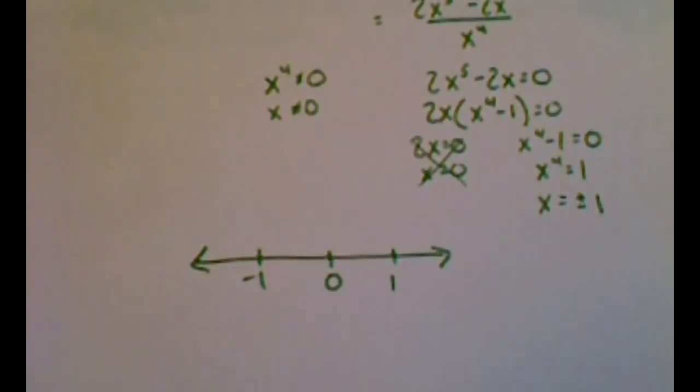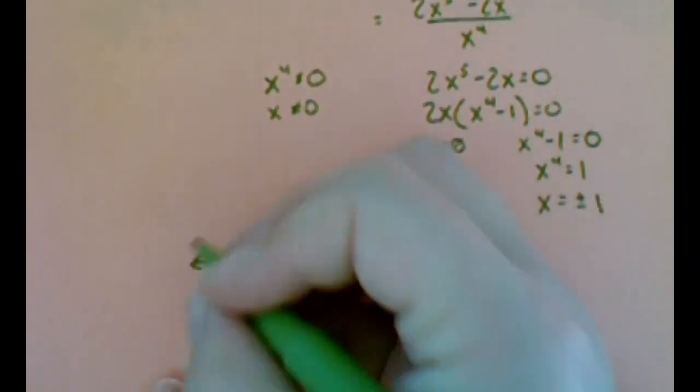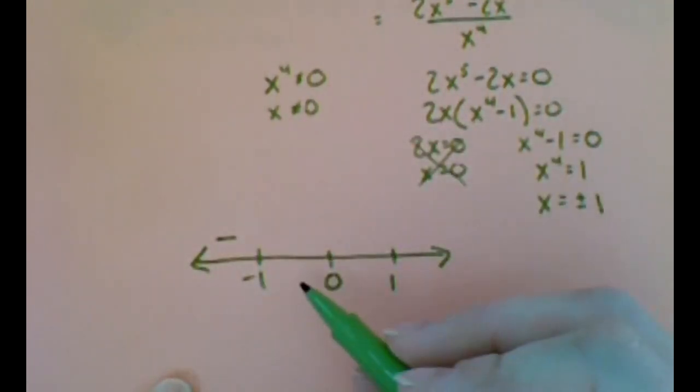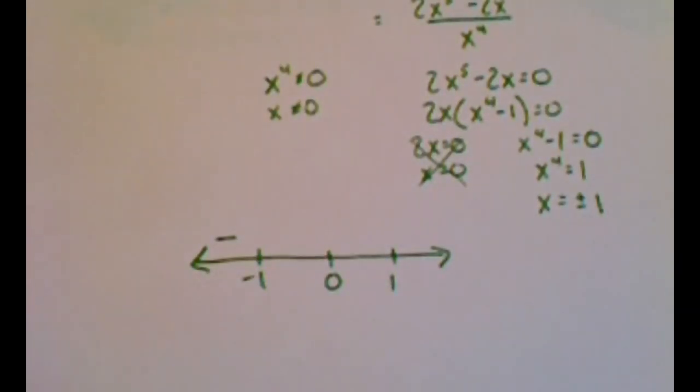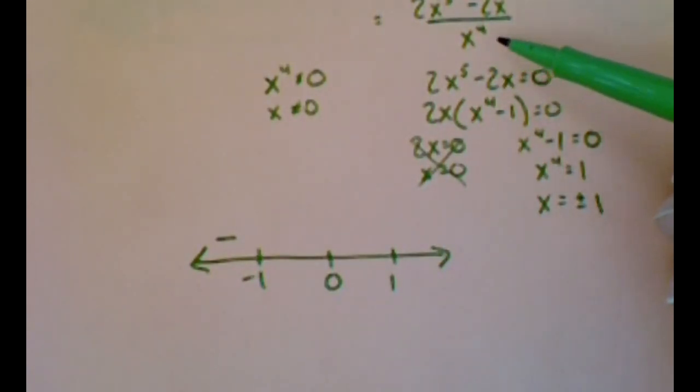Put them in order on my number line. Pick a number less than negative 1 to plug into the derivative. Let's say negative 2. The numerator is going to be negative, the denominator is going to be positive, so it's negative. Negative 0.5, let's use a calculator for this one. 2 times negative 0.5 to the 5th power minus 2 times negative 0.5 all over negative 0.5 to the 4th power, which I know is positive because anything to the 4th power is positive.